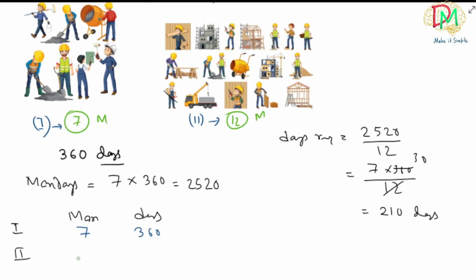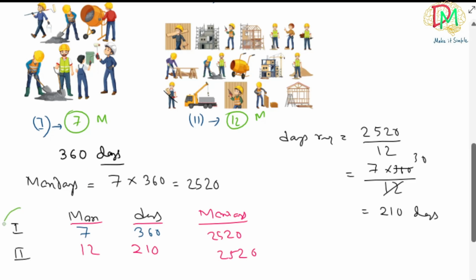And for the second case, how many people are working? It is 12. And how many days do they take? This is 210. And what is the man days? Both man days are the same, 2520. Clear?